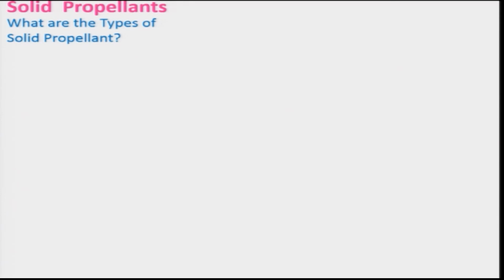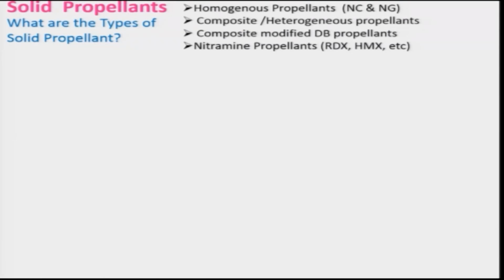As we discussed earlier, we looked at 2 types of solid propellant. One is the homogeneous propellant, which we call the double base propellant, or sometimes the colloidal propellant, and the other is the heterogeneous propellant, which we also call the composite propellant.